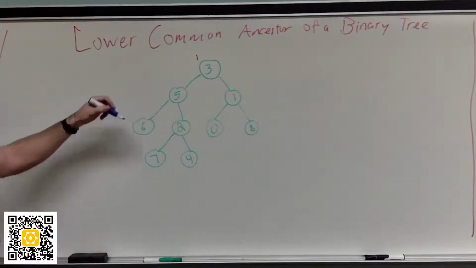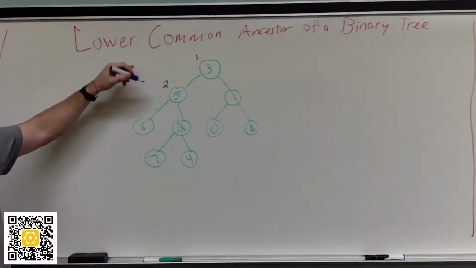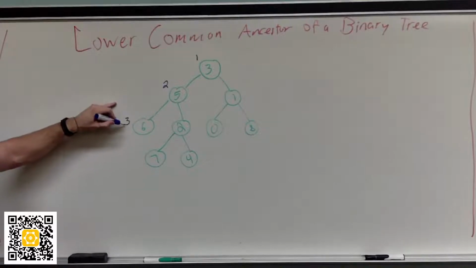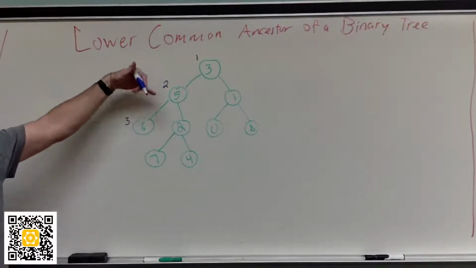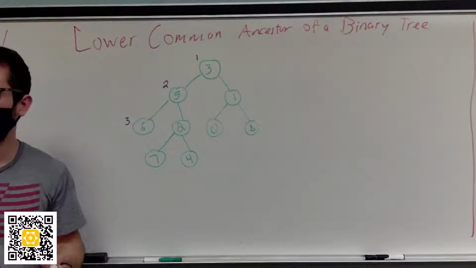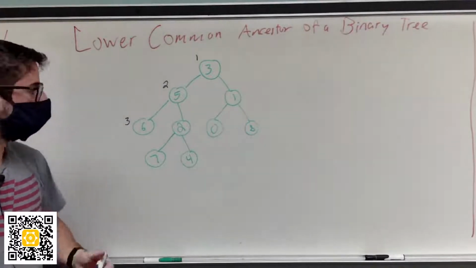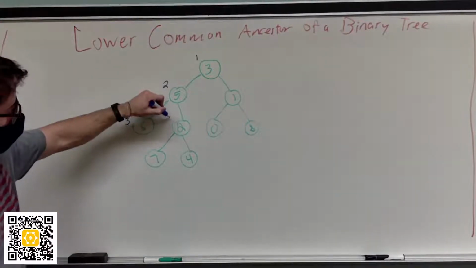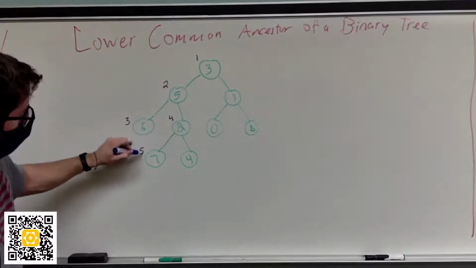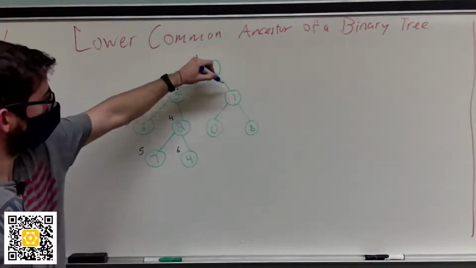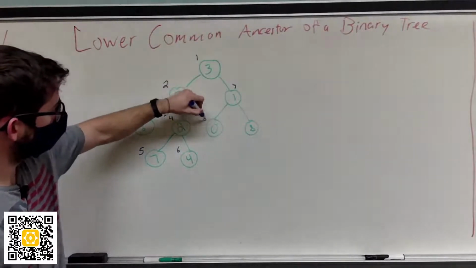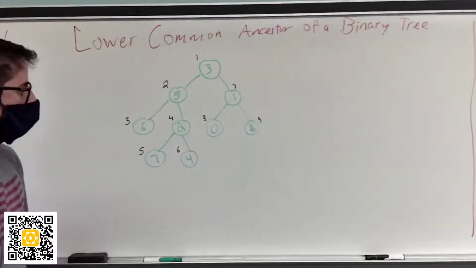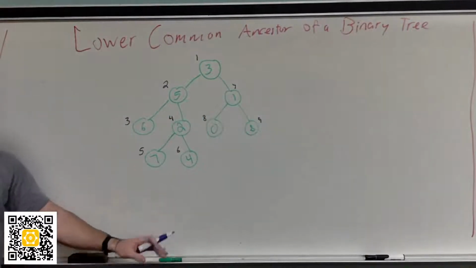And then I go to the left side. This 5, I'm going to mark it as 2. This 6, 3. Then I go back to 5. I have already marked it, so I don't want to overwrite it. Now we have 4, 5, 6, 7, 8, and 9.